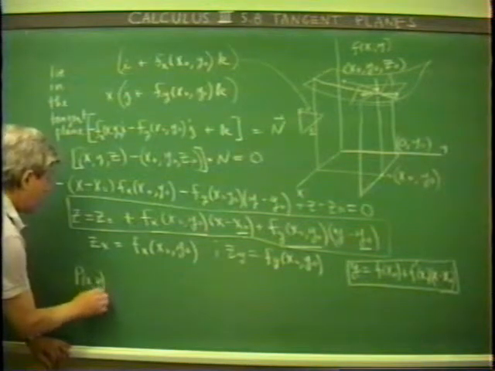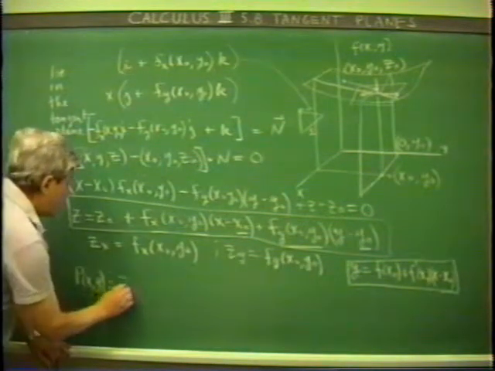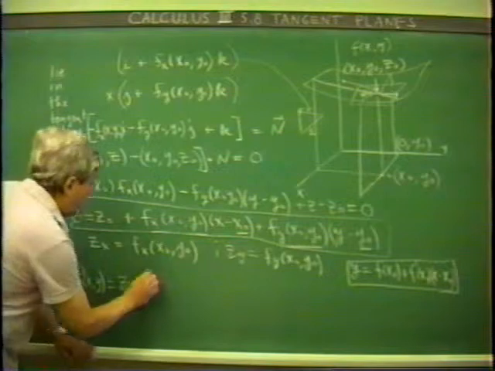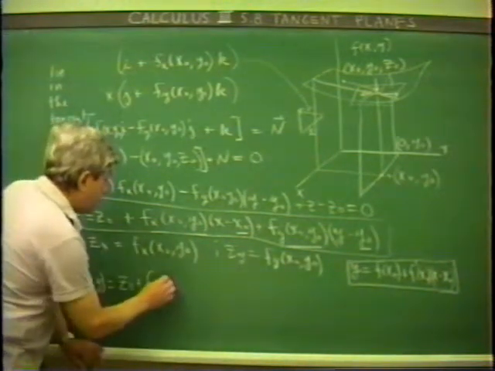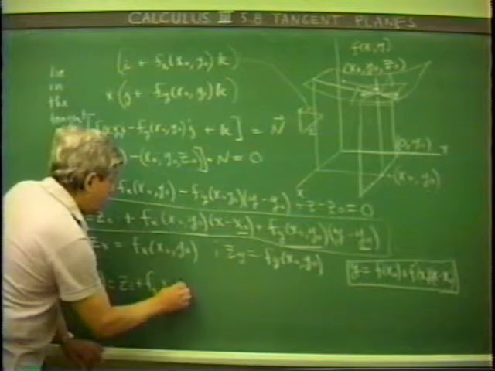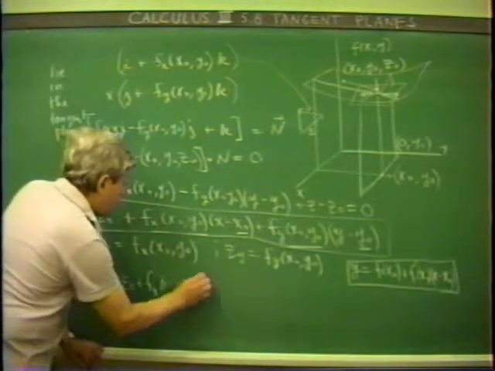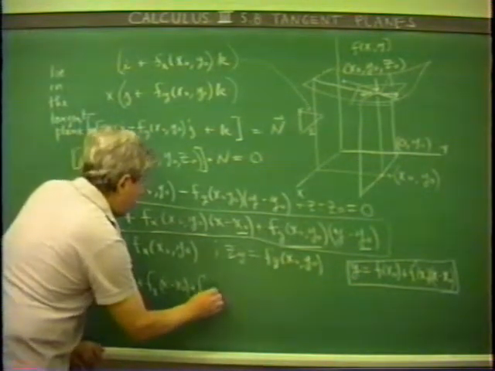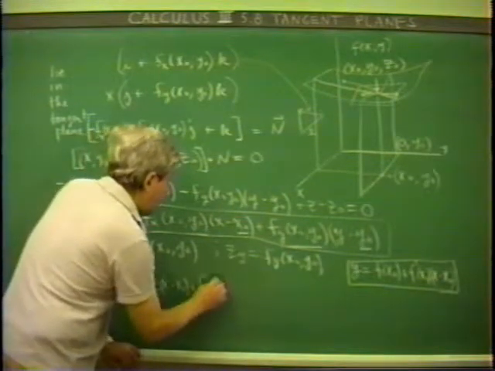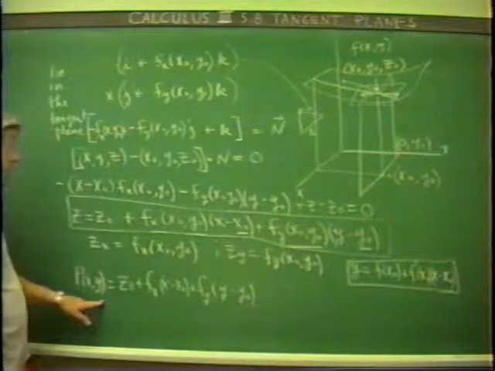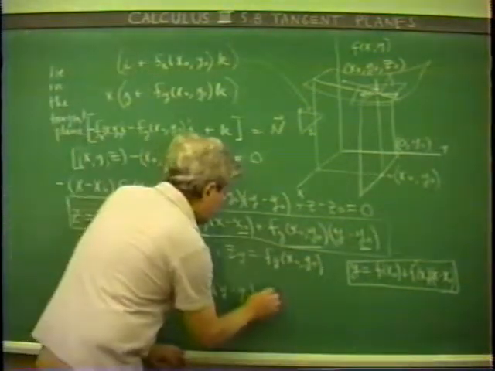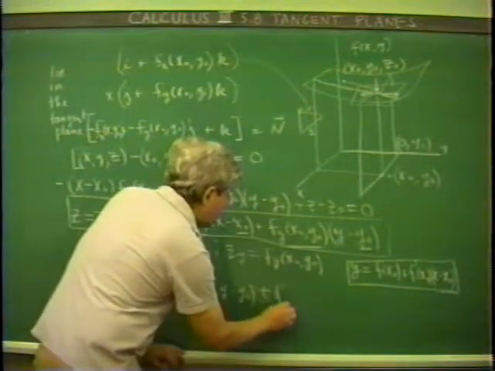Right? We can also write something that looks like this. P of x and y equals z naught plus the partial with respect to x at x naught y naught times x minus x naught plus the partial with respect to y at x naught y naught times y minus y naught.